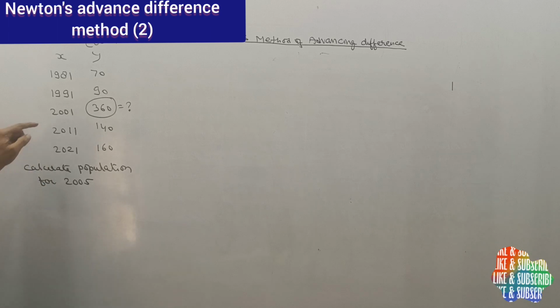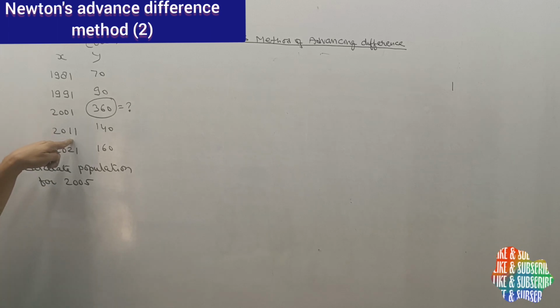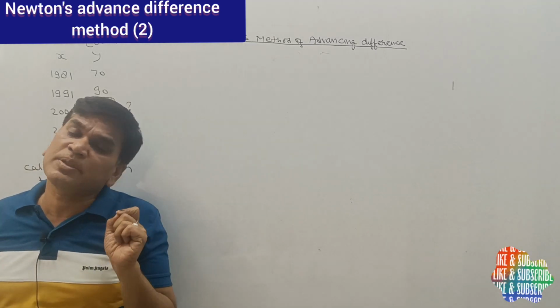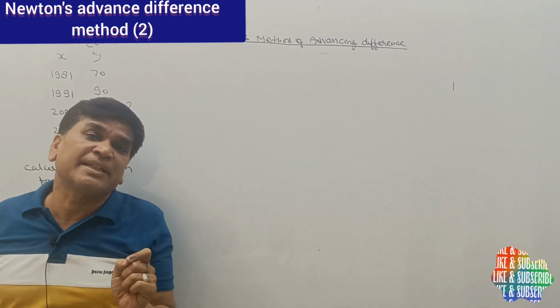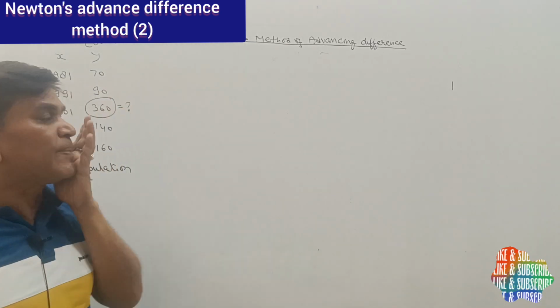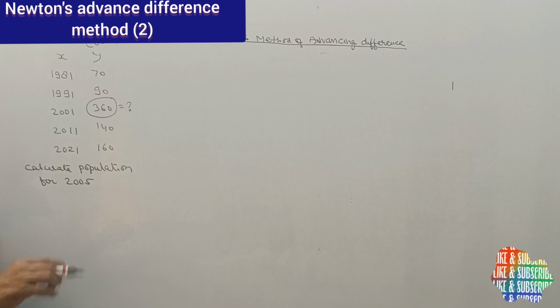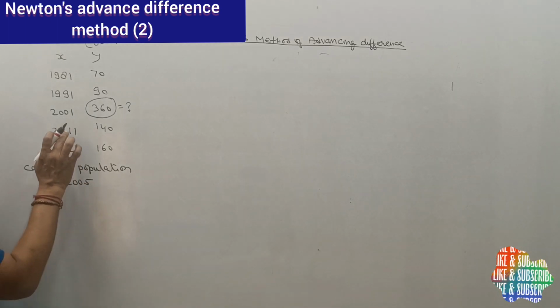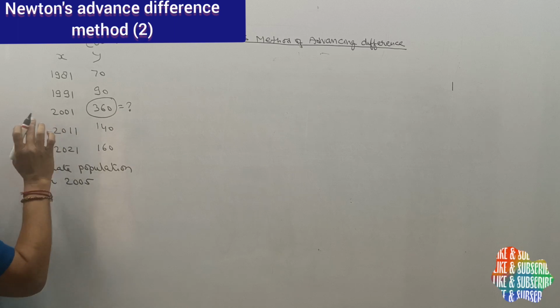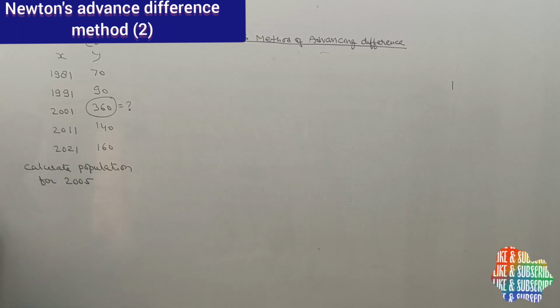If it increased in 2001, why did it decrease in 2011? So it shows that this data is wrong. First we will correct this data, then we will use Newton's advancing difference method, because 2005 lies between these values, so we have to use Newton's advancing formula.